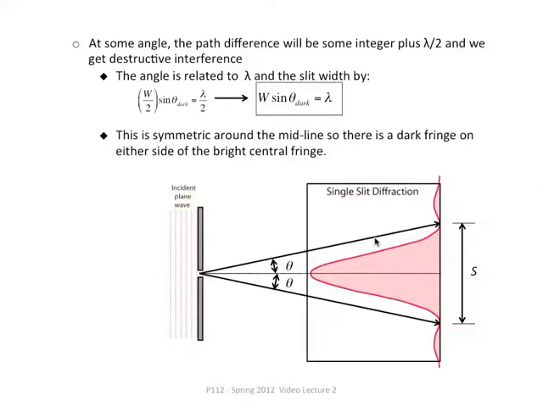If they come off at the right angle theta, related again to the width and the wavelength, we get a dark fringe at the angle theta above and at angle theta below. And here, as you'll see in a minute, we're going to define the width of the central fringe, or the distance between the dark fringes, as this value s.